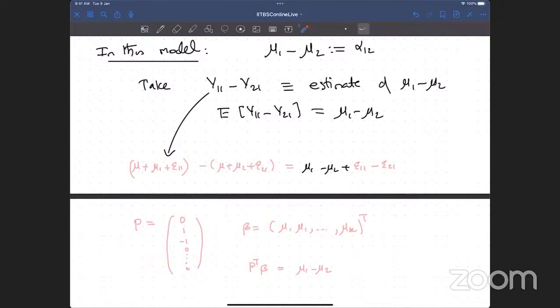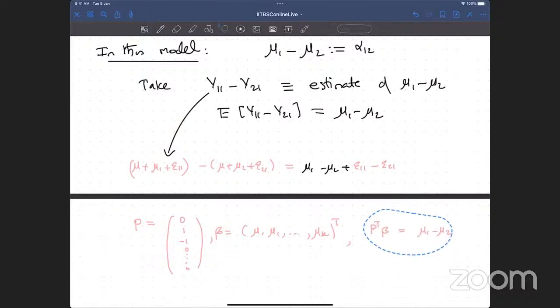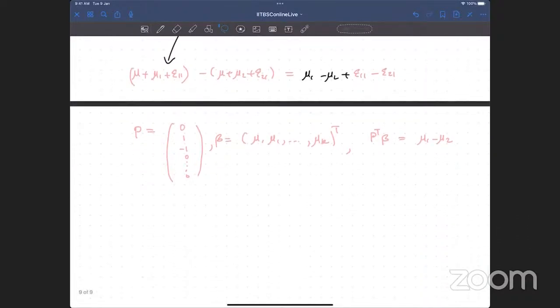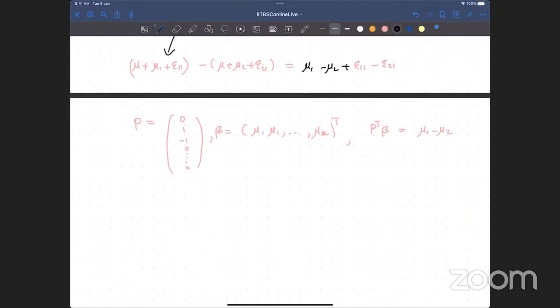So the problem we'll pose from now on is: what all p's can I take for which p transpose beta is estimable, is identified, that I can estimate with the model? So let me write this down. This is one question I have.